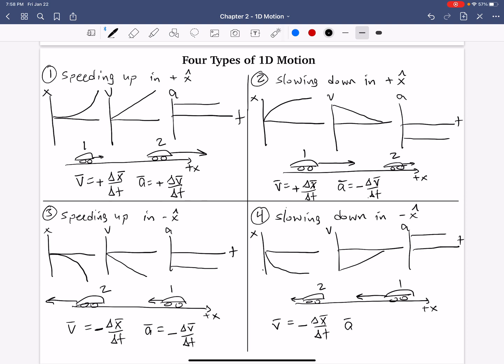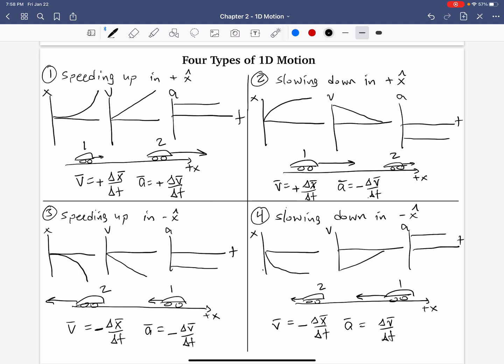And acceleration, it's slowing down, so it's negative. However, sorry, let me back up. It's moving to the left, so its velocity is negative.